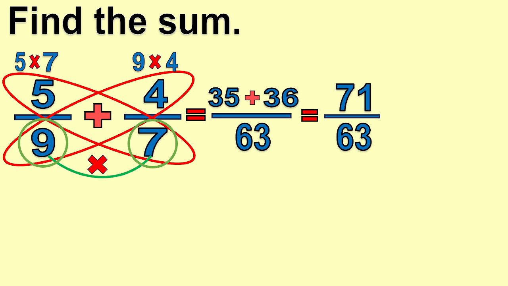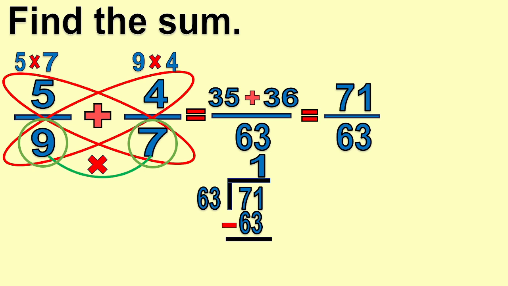71/63. Now, let's convert an improper fraction to a mixed number. Now, let's divide the numerator by the denominator. We have here 71 divided by 63. So 71 divided by 63 equals 1. 1 times 63 equals 63.